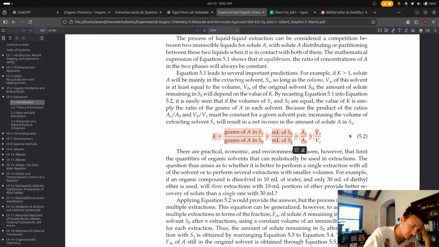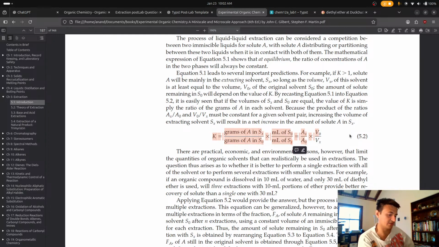The volumes we know. Since we're using equal volumes, these cancel out because this is 10 milliliters and this is 10 milliliters. So then we get grams of A in Sx over grams of A in So is equal to 2.